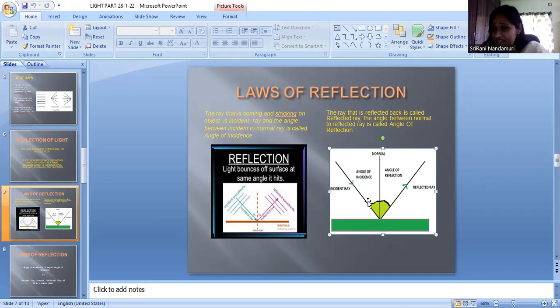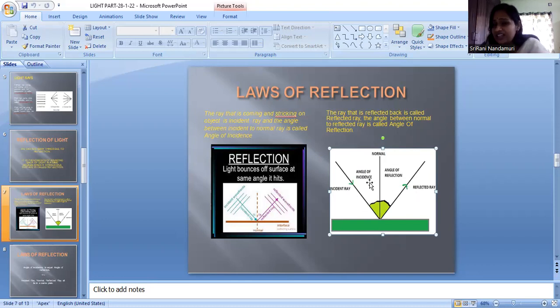The angle made by the incident ray with the normal is called the angle of incidence. The angle of incidence is measured from the incident ray to the normal. And the angle of reflection is the angle made by the reflected ray with the normal.